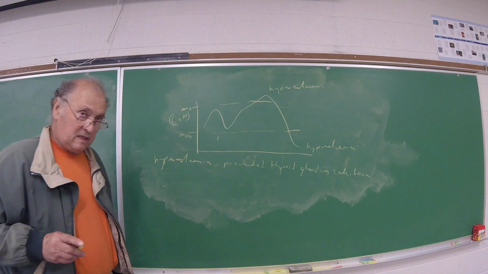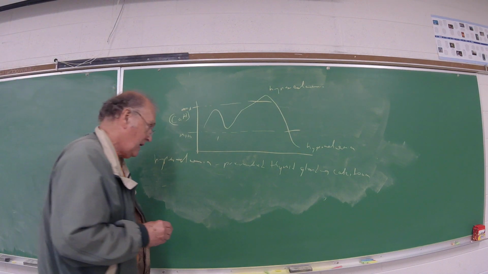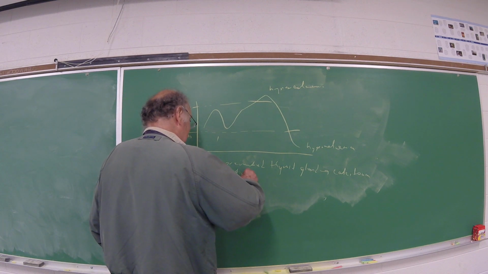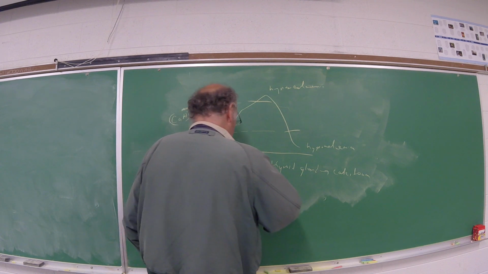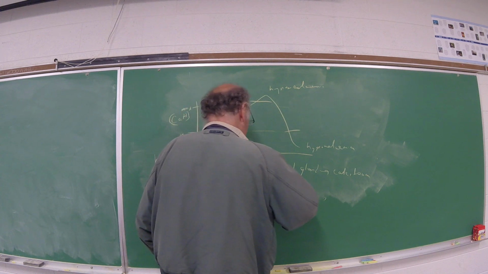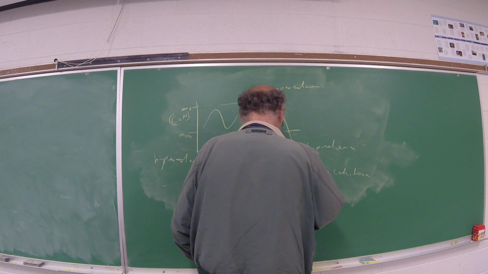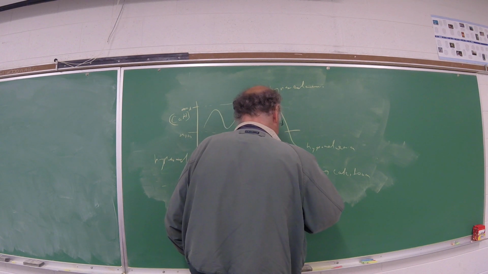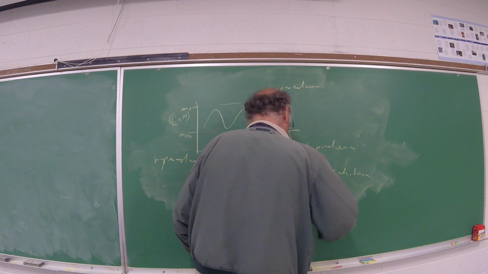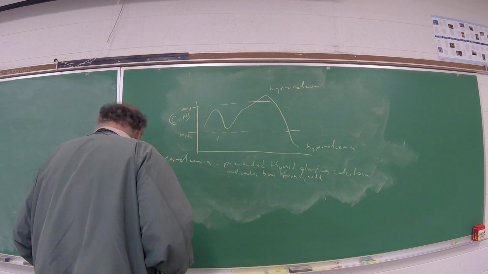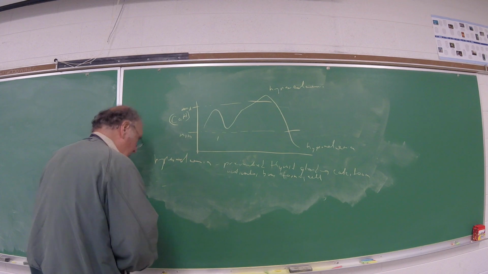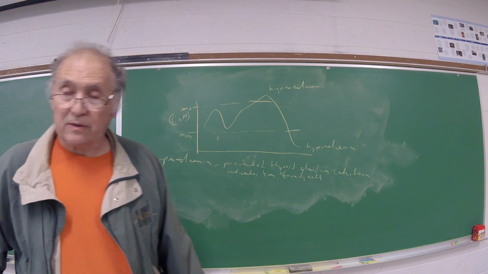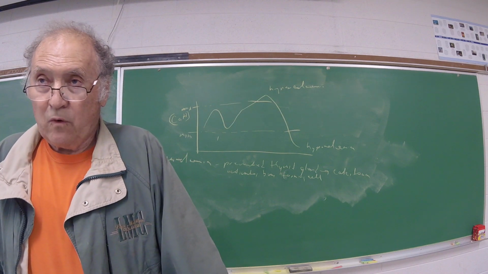Calcitonin activates bone-forming cell, A-C-T-I-V-A-T-E-S, bone-forming cell, F-O-R-M-I-N-G. All right, the bone forming cell. Oh, there's a long piece of chalk. Okay. So hypercalcemia is prevented by the thyroid gland, which secretes calcitonin, which activates the bone forming cell.